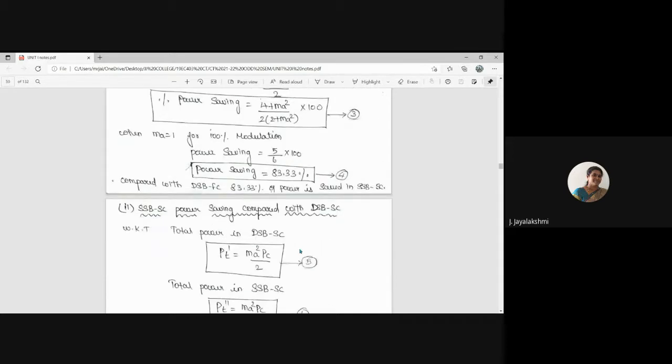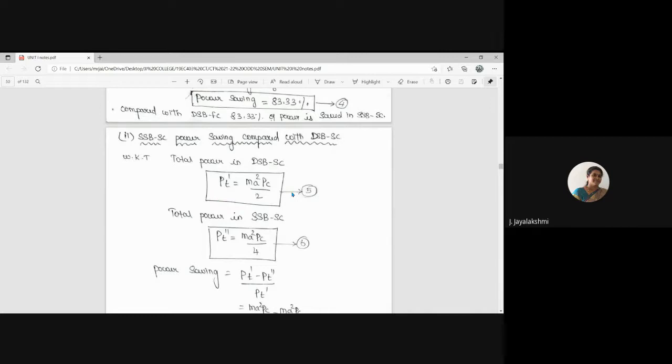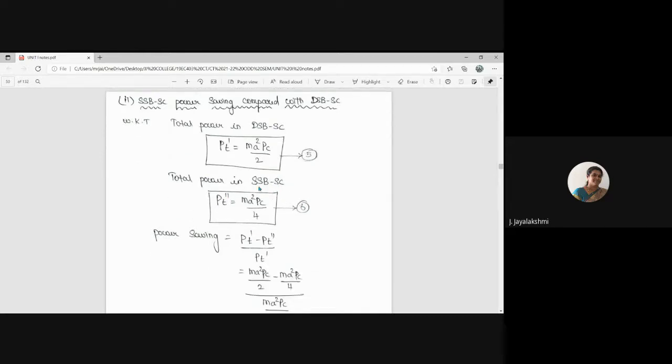Now compare this SSB-SC power saving with the DSB-SC. The power due to the double sideband suppressed carrier is MA square PC by 2, and the single sideband suppressed carrier power is denoted by P double dash. Now we compare these two powers.